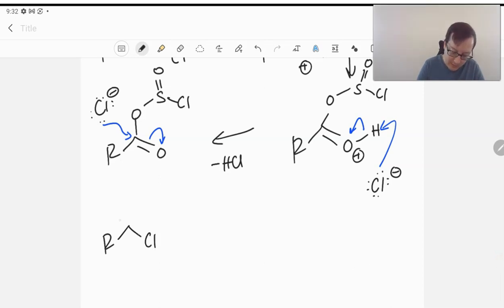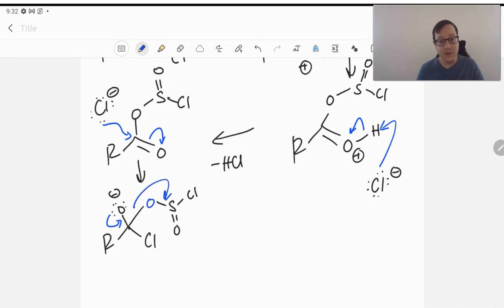I'm going to just move our chlorine there. We have our oxygen with the negative charge, and then we have the O-S-Cl, which now as a leaving group, we're going to kick out after we condense down our carbonyl again. And what's actually going to happen here is those electrons between the carbon and oxygen go to form a sulfur-oxygen double bond and kick out the other chlorine.